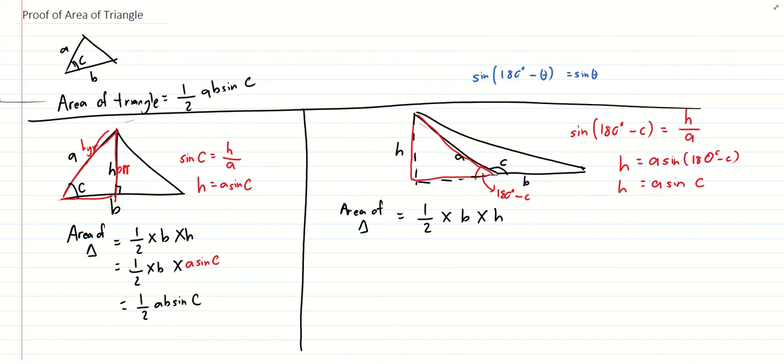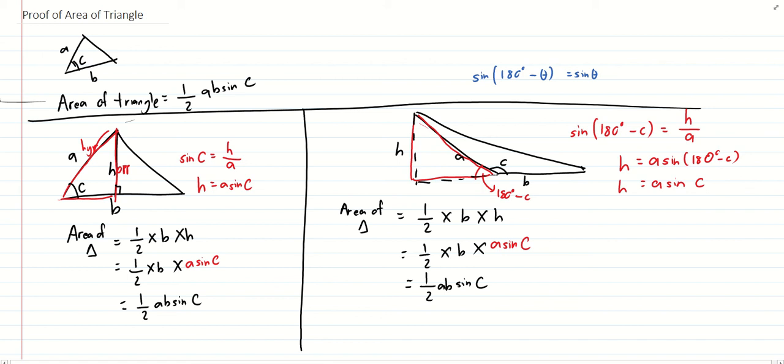So we will have area of triangle equals half times base times height, which is A sine C. Okay, and we rearrange the terms again. We will have half AB sine C as the area of triangle for an obtuse angle.